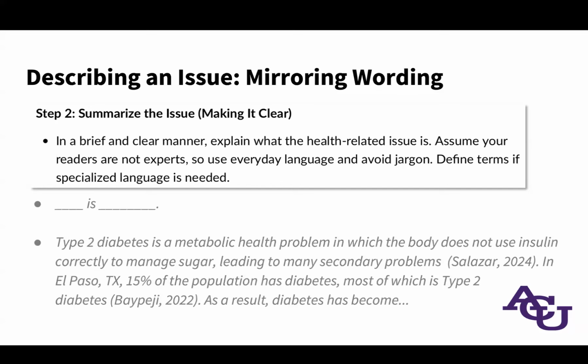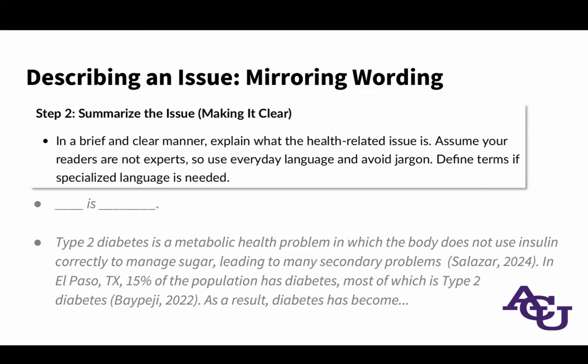For example, type 2 diabetes is a metabolic health problem in which the body does not use insulin correctly to manage sugar, leading to many secondary problems. Citation. In El Paso, Texas, 15% of the population has diabetes, most of which is type 2 diabetes. Citation. As a result, diabetes has become, and then you'd expand on things for your local context.